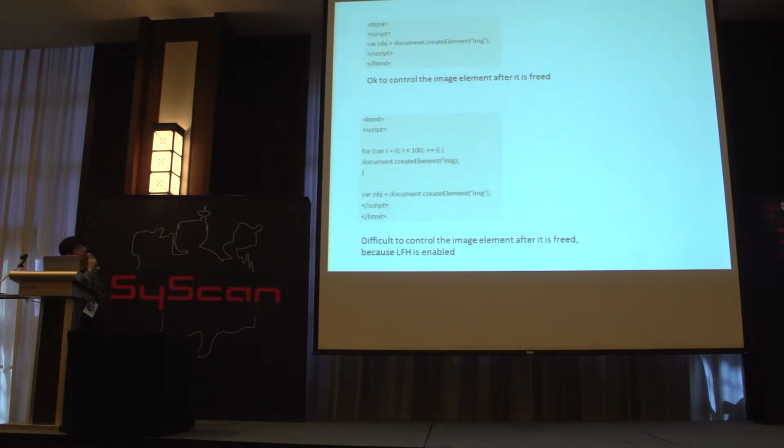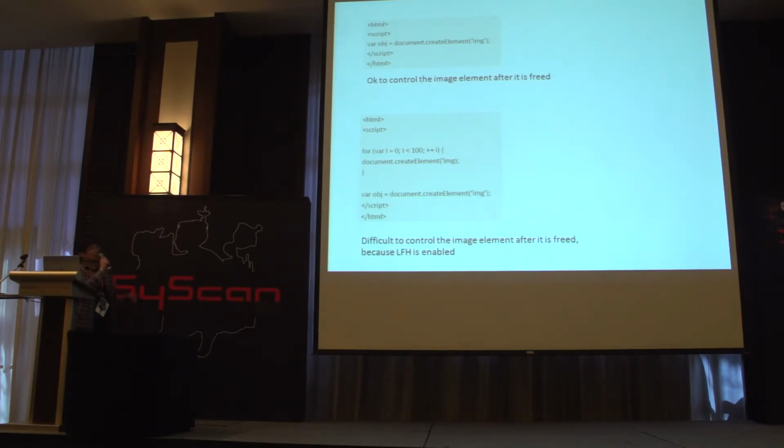Look at these two web pages. The first one is very simple. We just created one CImage element. So when this element is created, it is highly possible that its memory is not allocated in LFH. So we can use an object with a different size to control it after it is freed.